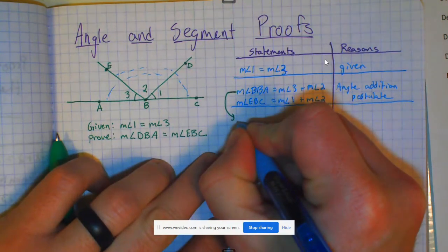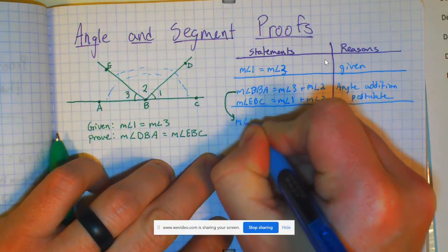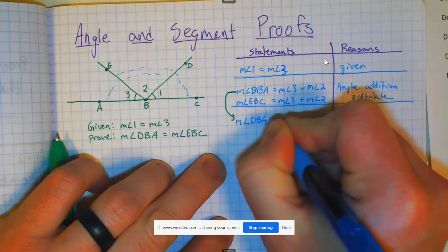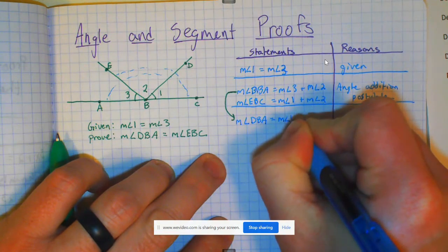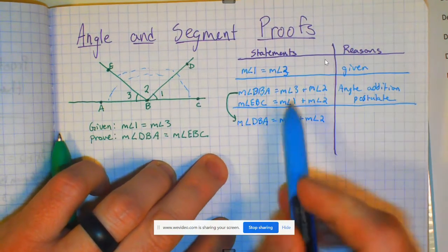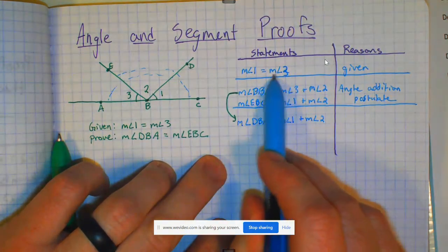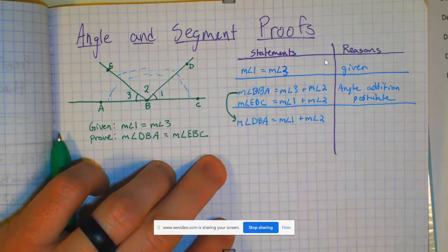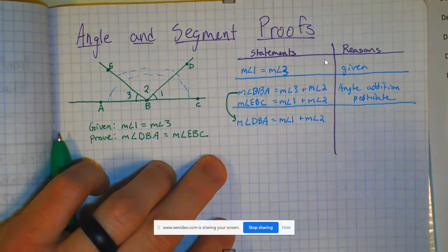So the measure of angle DBA equals the measure of angle 1 plus the measure of angle 2. I did the substitution property.